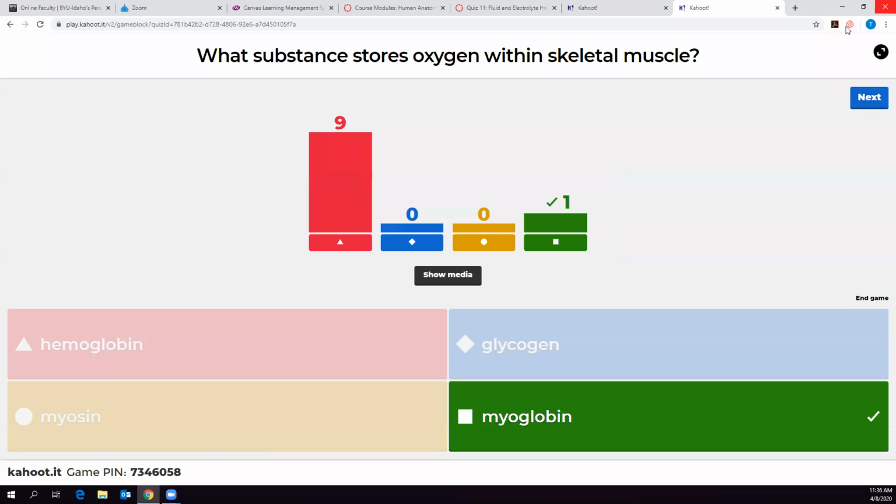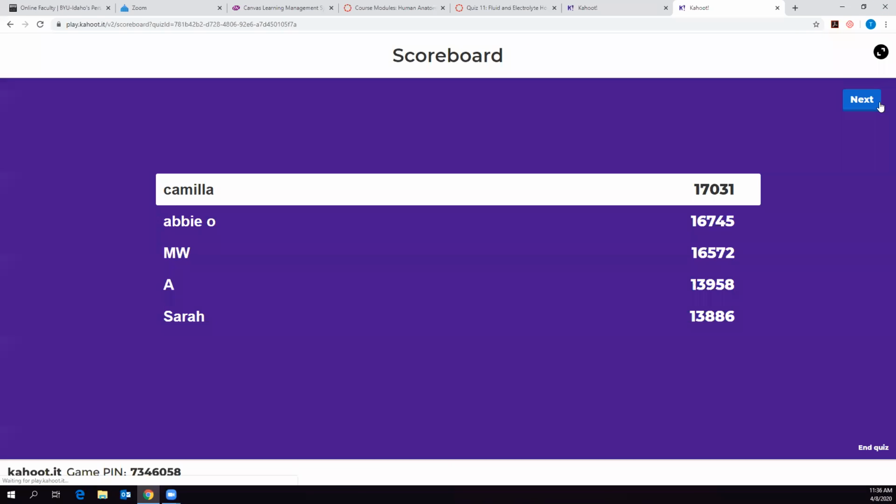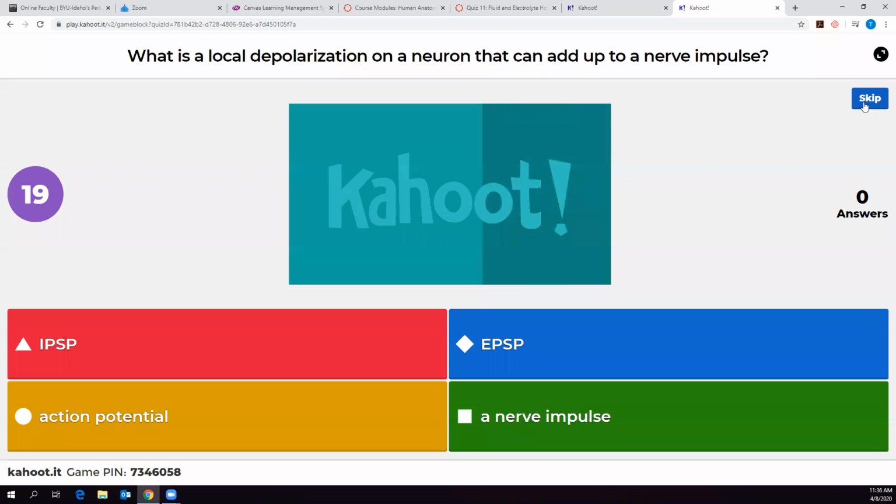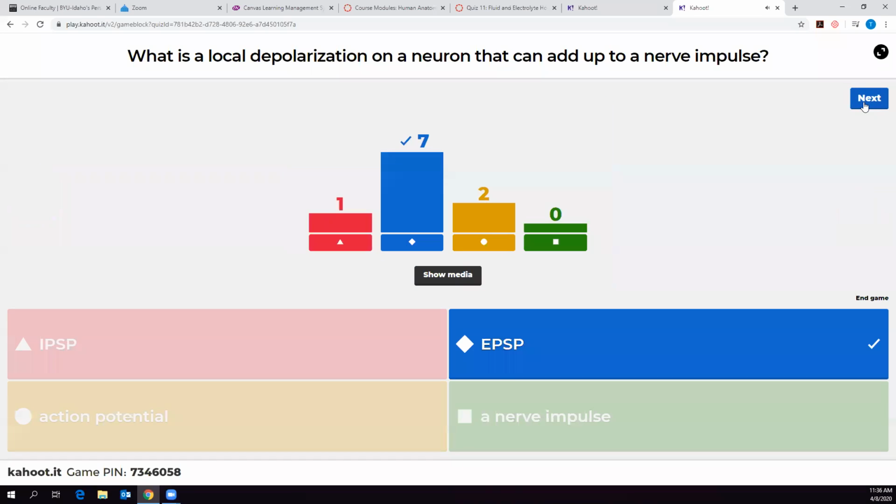Okay, just gotta know that one. Nobody got points on that. Okay, what is a local depolarization on a neuron that can add up to a nerve impulse? Yes, those are EPSPs, baby depolarizations. Good.